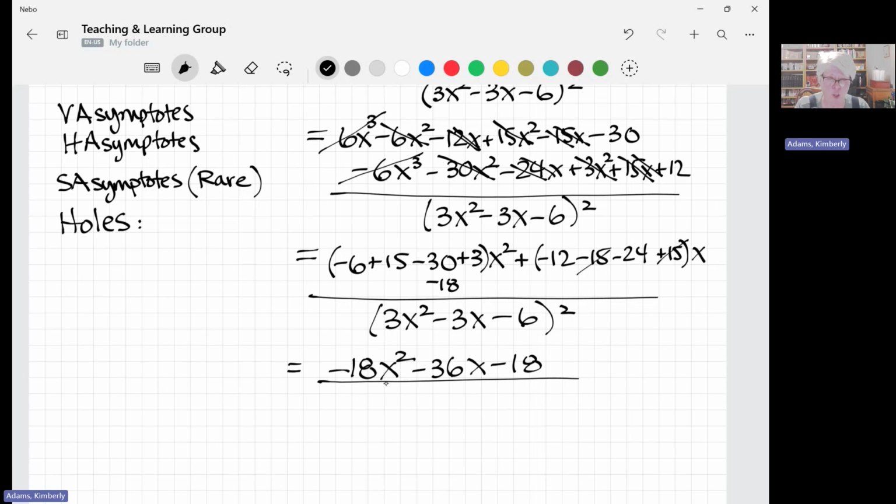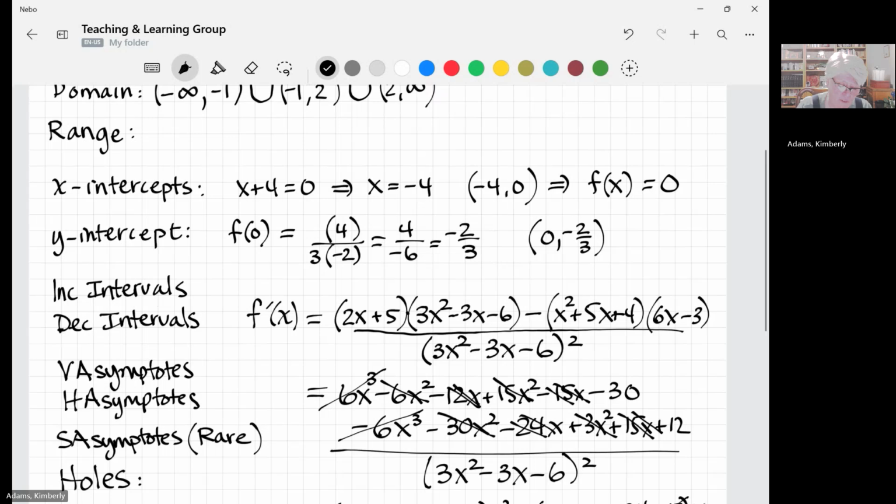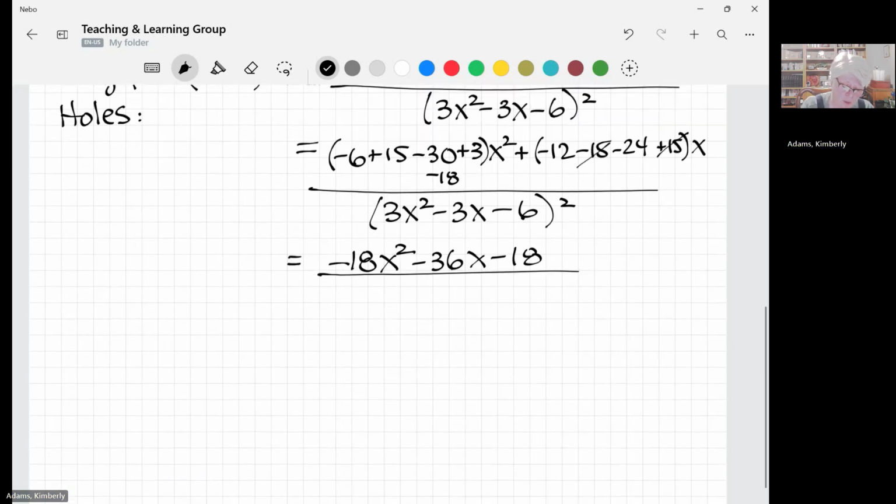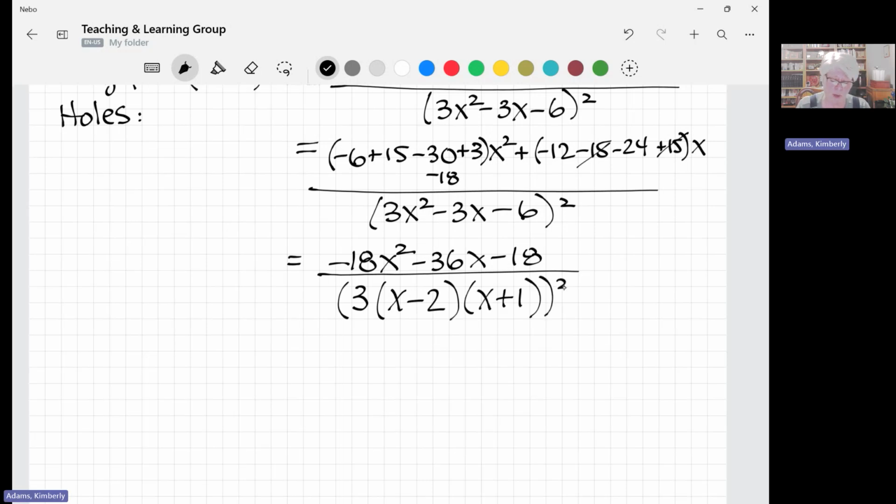I know that 3x squared minus 3x minus 6 factors into 3 times x minus 2 times x plus 1. So that's 3 times x minus 2 times x plus 1, the quantity squared. So that'd be 2 of each one of those. So that's 9 and a square and a square.